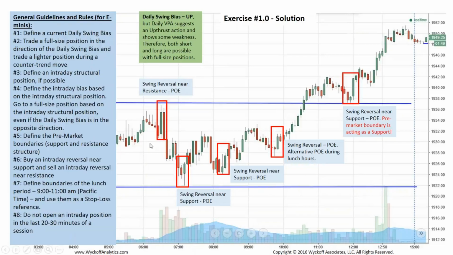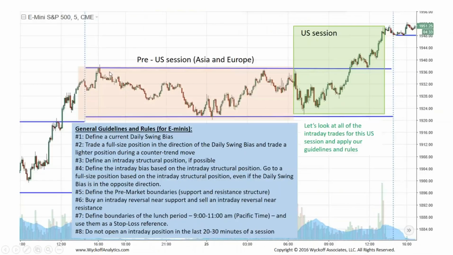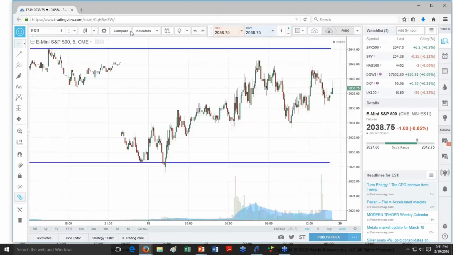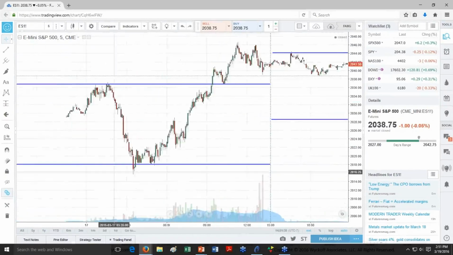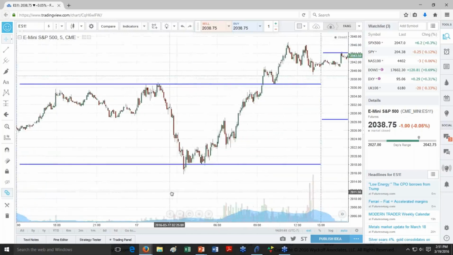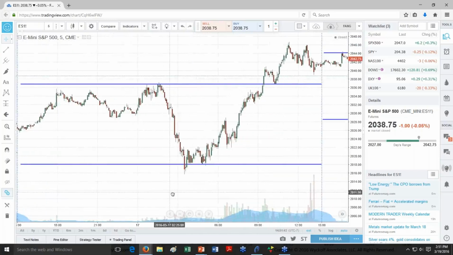Okay, Chandra, well, I kind of showed you guys what I do with this. So support and resistance definitely change. What I have for myself, and I'm just going to show you this layout on TradingView, is that for each trading day, I define the resistance and support right away before the session.